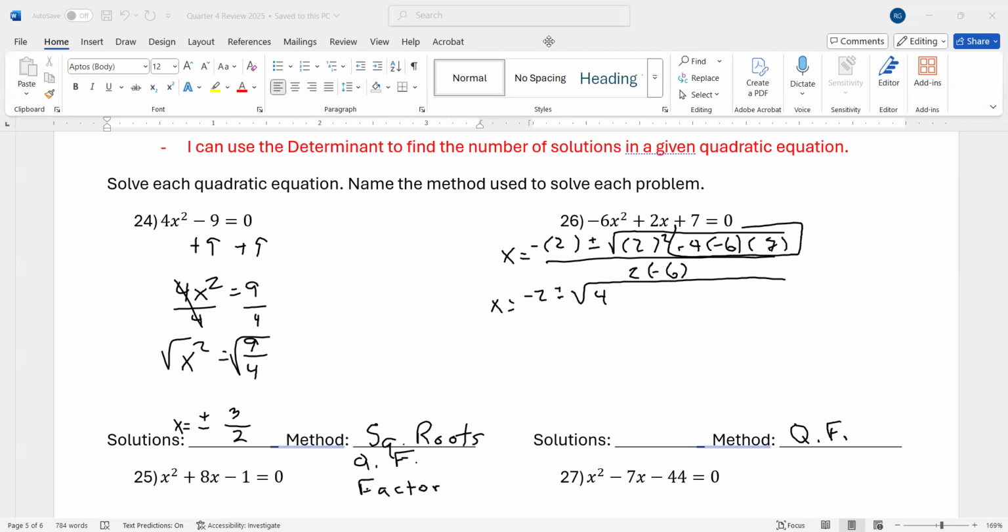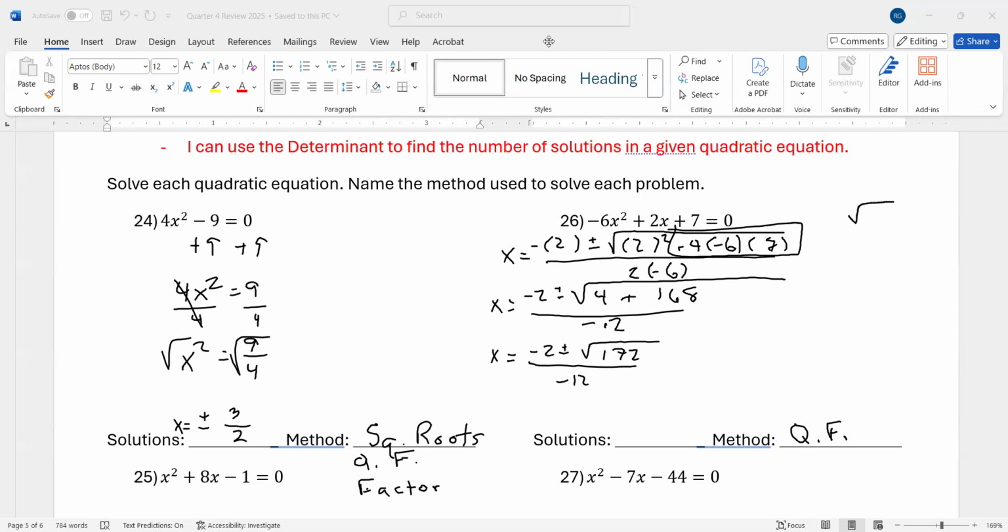How many negatives are in that box? There's 2, so it's going to be a plus. 4 times 6 times 7 is 168, divided by -12. So that's -2 plus or minus the square root of 172 divided by -12.